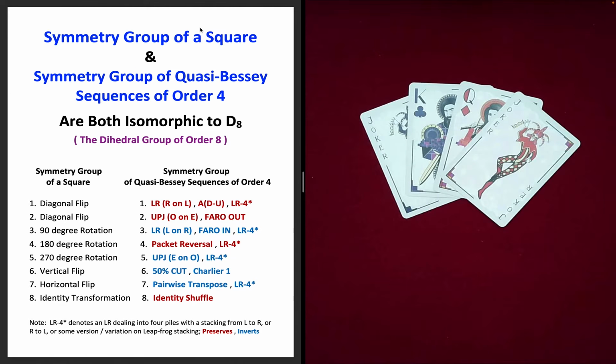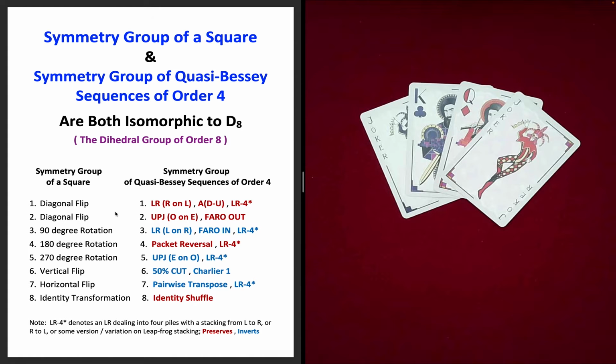So on the left-hand side of the screen, what I've done is I've listed the different shuffles that we use. Well, we didn't use all of them, but the different shuffles we could use that correspond to the rigid motions of a square that would leave it fixed. So for instance, the diagonal flips, there's 2 of them.